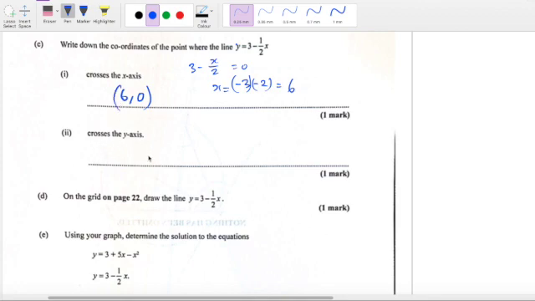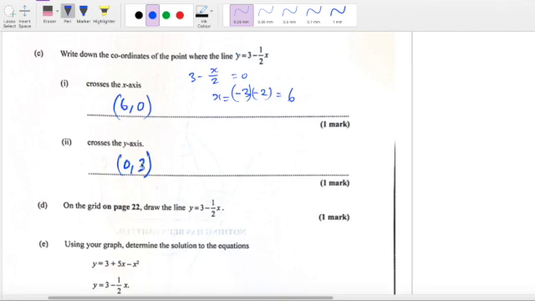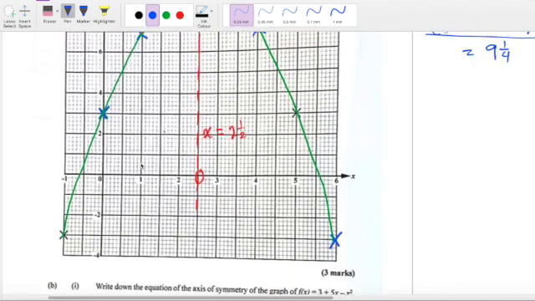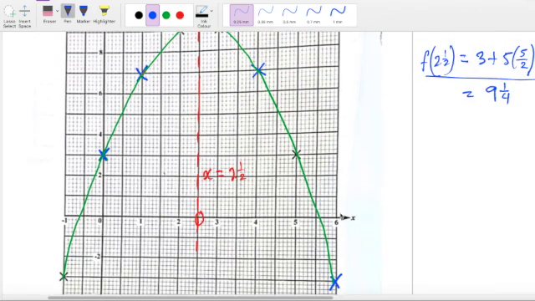And where it crosses the y-axis, that is when x is 0. So when x is 0, we could see that y is easily just going to be 3. Right? And on the grid, draw the line. So 6, 0 and 0, 3, we have 2 points. We have the point 6 on the x, 0 on the y, and then the point 0 on the x, 3 on the y, which is a point that we already have.